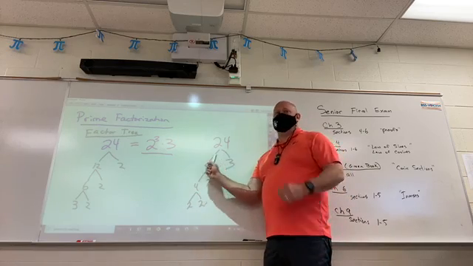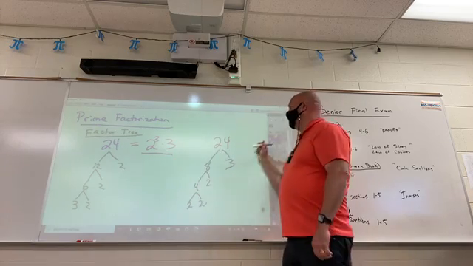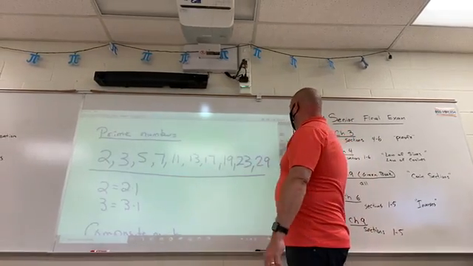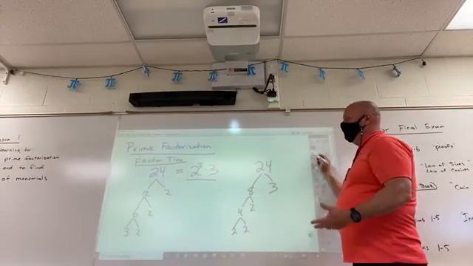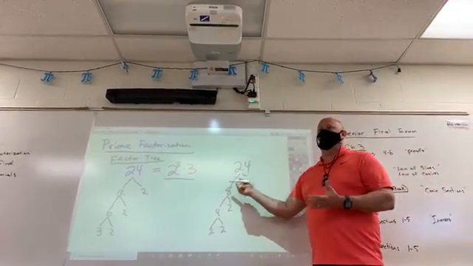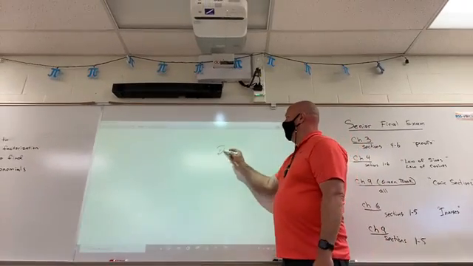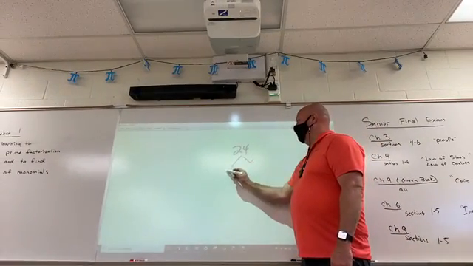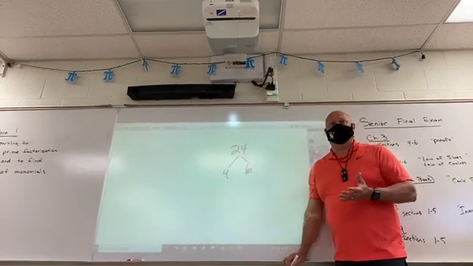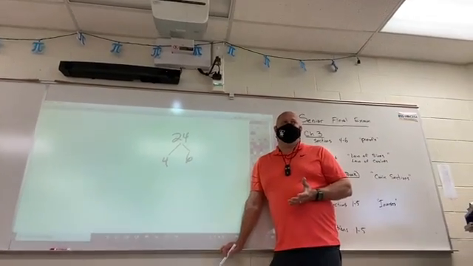To me, this is the best method because it doesn't even matter if you pick prime numbers. If you take 24, we could have done 4 and 6, couldn't we? 4 times 6 is 24.